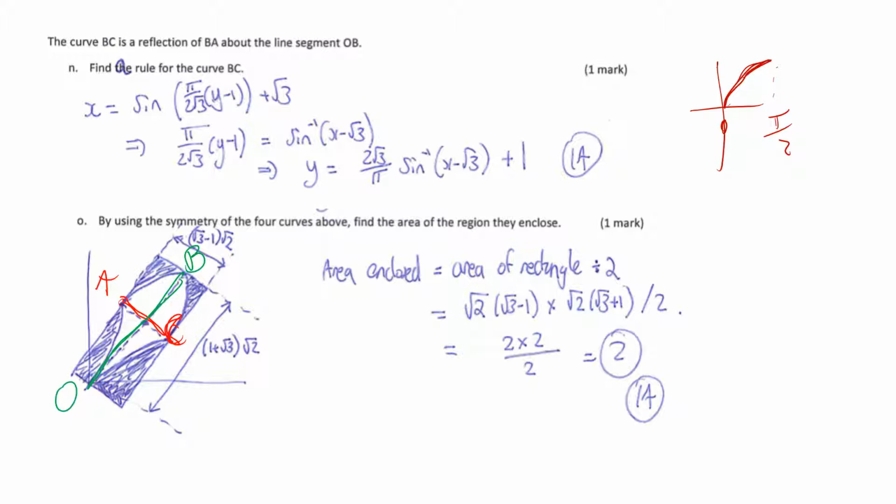So at the end of the day, we're going to calculate the area enclosed via that understanding. The area enclosed will be equal to the area of the rectangle divided by 2. Nice little calculation, turns out to be equal to 2, and neat.